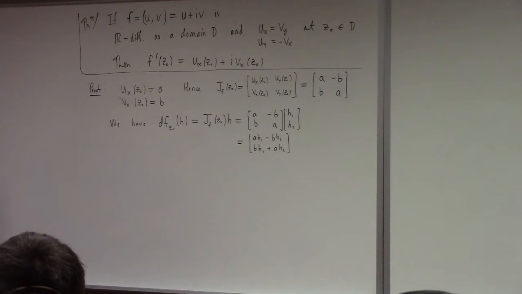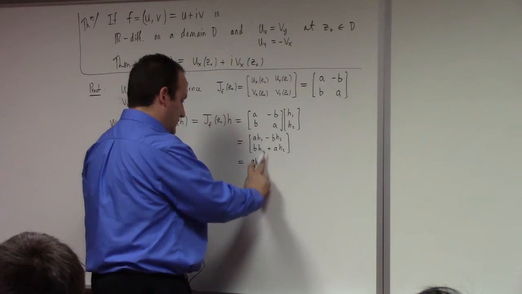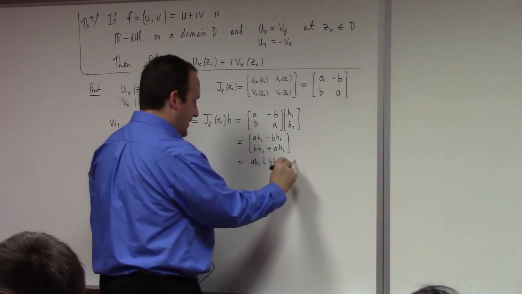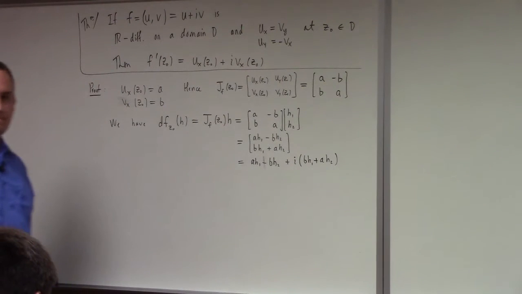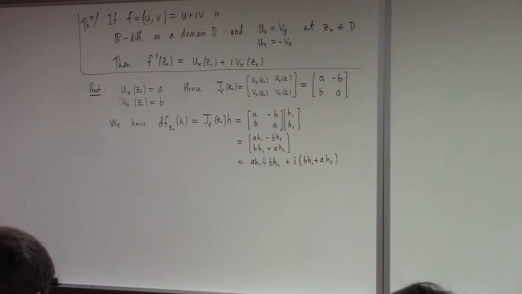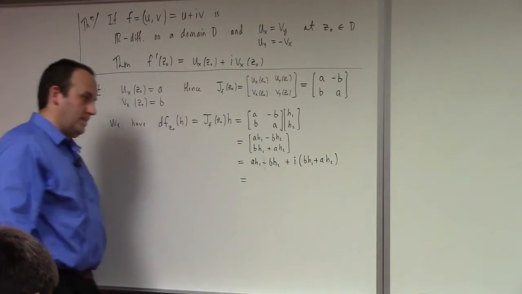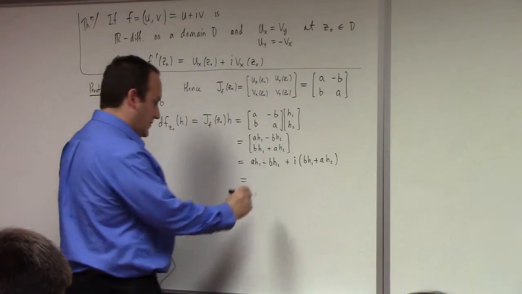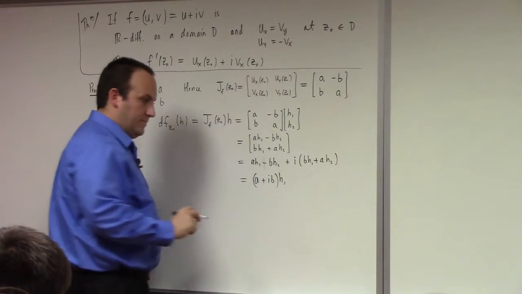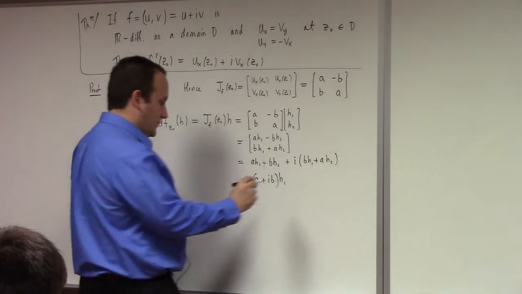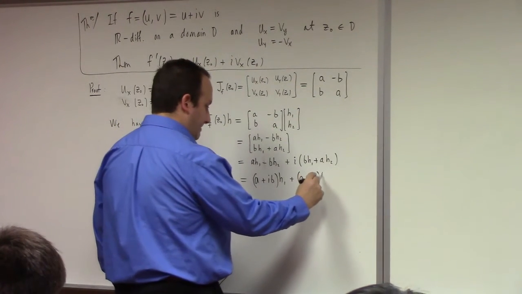All right, now let's rewrite this in complex notation. Our complex notation for this is a h1 minus b h2 plus i times (b h1 plus a h2). So let's see, I can factor out h1. I've got a plus ib times h1. And if you look at it, I've got a plus ib times what? i h2.